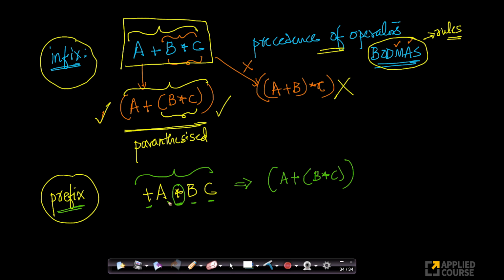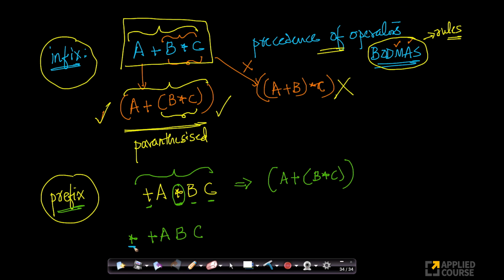On the other hand, imagine if I have something like this. If I have A, B, right? Imagine if I have something like this, right? And okay, so I have these two, and then I have my C, I have my star here. Let's assume this is my prefix. What does this prefix tell me now? Let's go and understand this prefix.